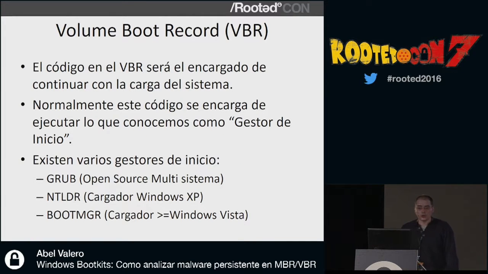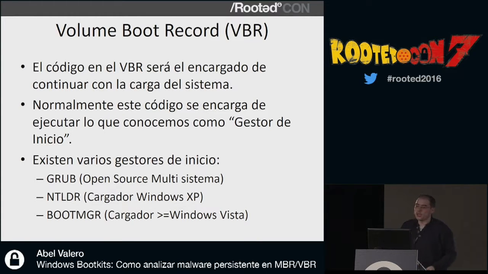I'm speaking very quickly. The volume boot record code, the VBR, will be initializing the whole system. This VBR can differ among different systems. For Windows XP it is NTLDR, for Vista it is the boot manager, and within open source multi-system it is GRUB.